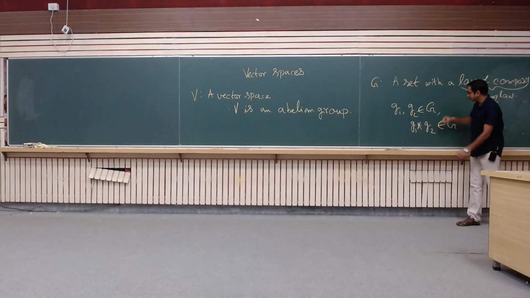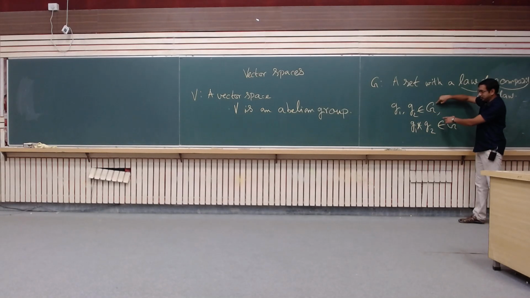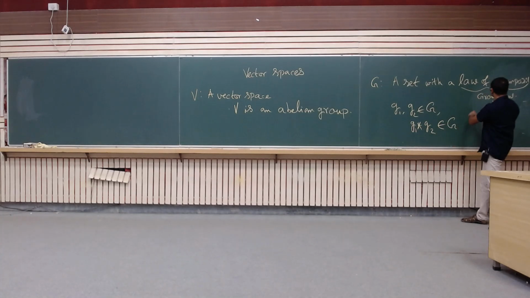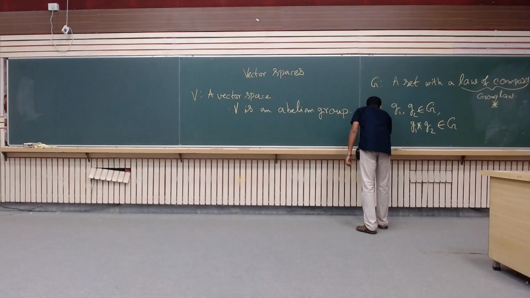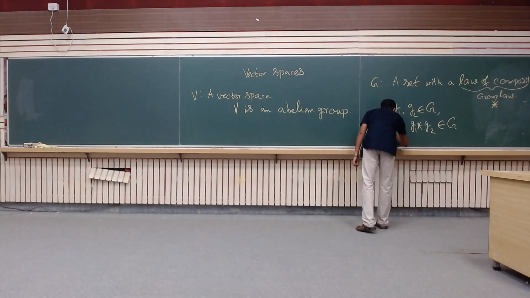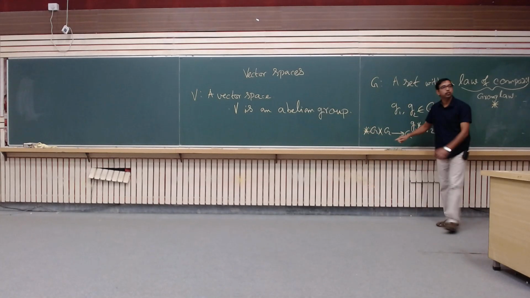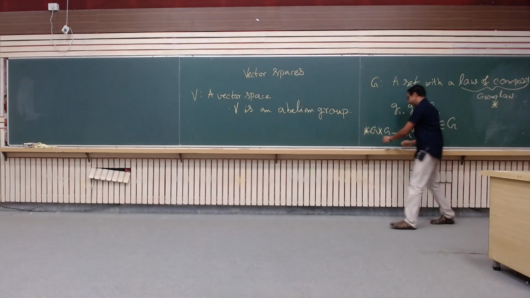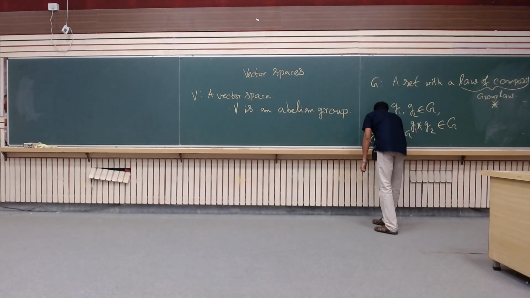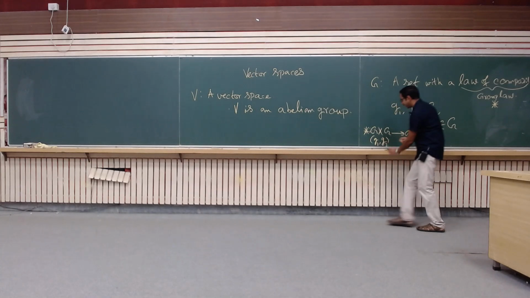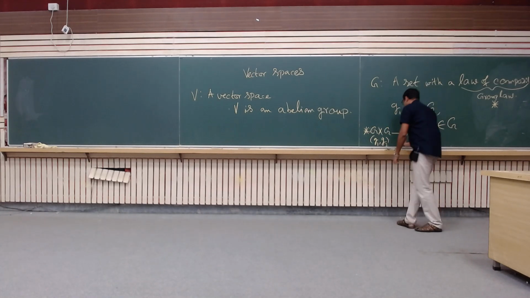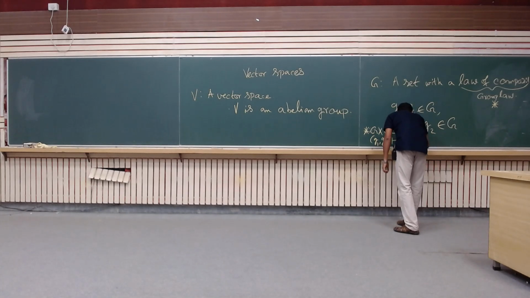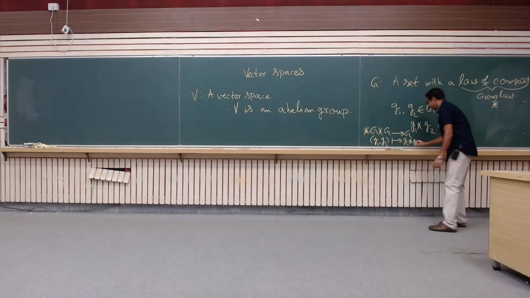So if G1 and G2 are two elements in G, you compose them. That is what the group law is. The group law is a map from G cross G to G. That is, given a pair of elements G1 and G2 in G cross G, actually the Cartesian product, you are mapping them to some element which you denote by G1 star G2.